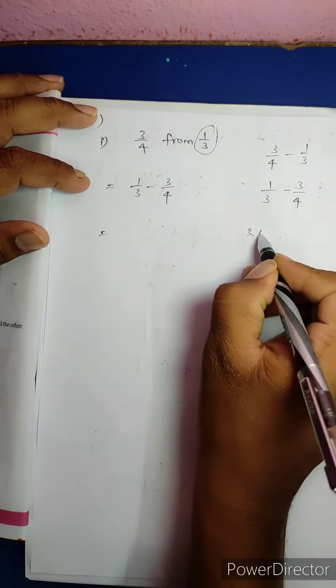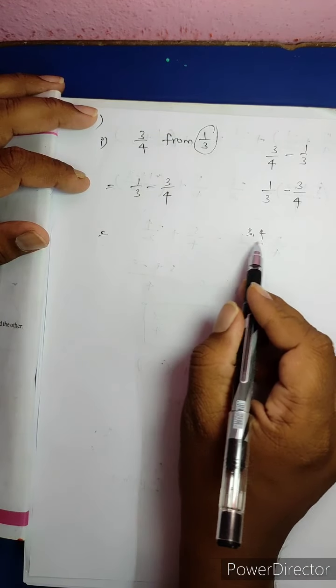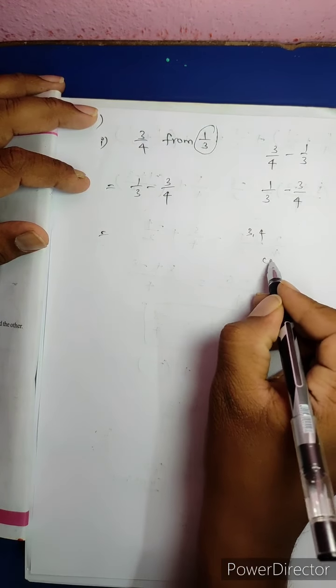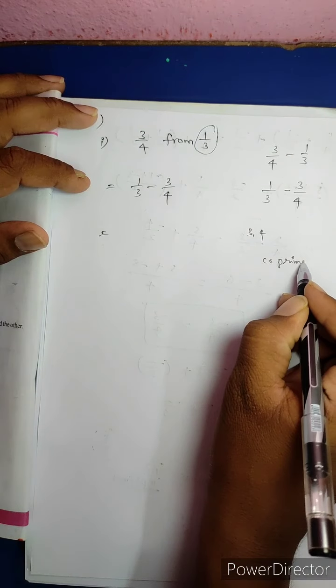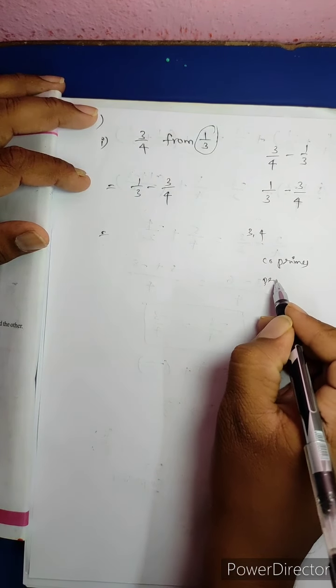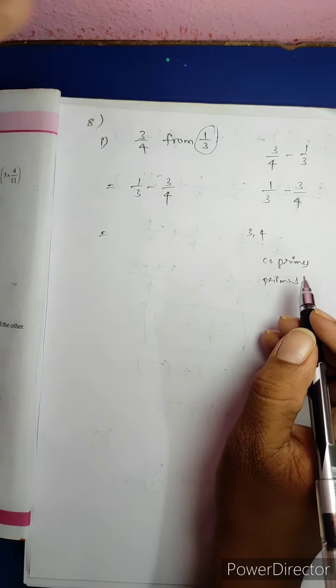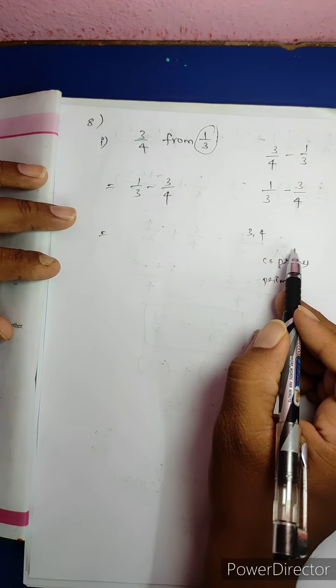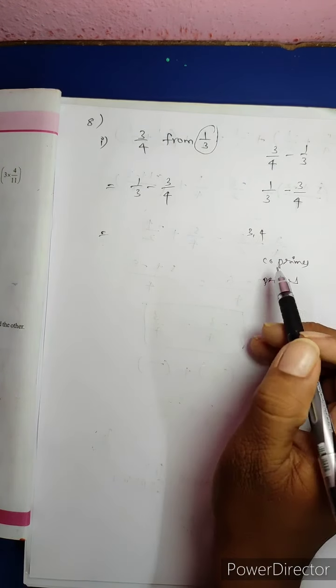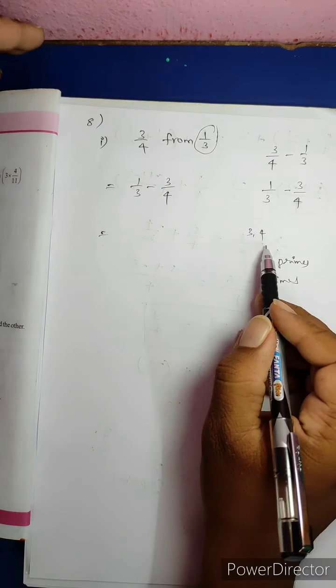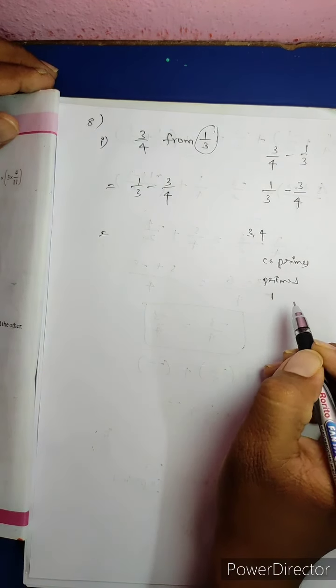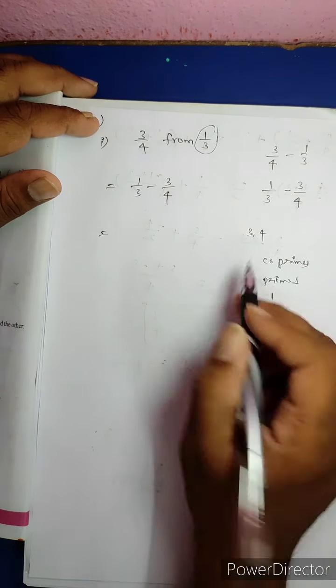Take denominators 3, 4. Consecutive numbers are also co-primes. All prime numbers are co-primes to each other. Consecutive numbers are also co-primes to each other. Numbers whose common factor is 1 are also called co-primes.